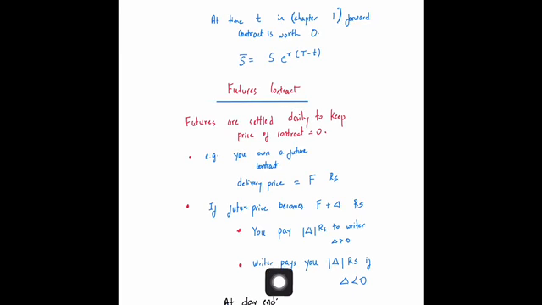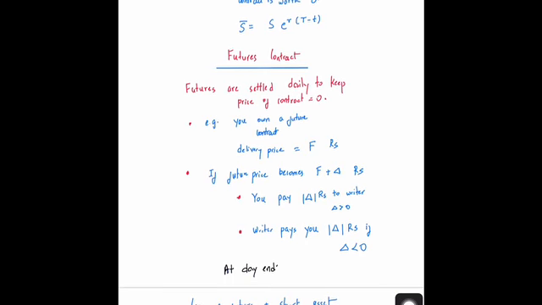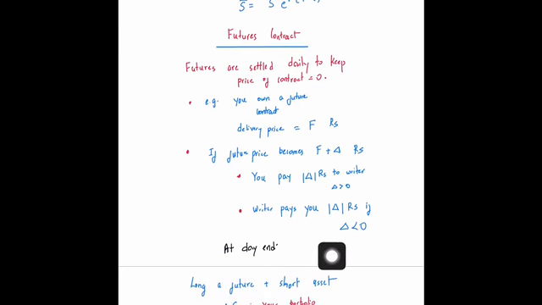Similarly, the writer is paid the absolute value of delta if delta is smaller than 0, so that you are not holding a loss at that particular day just for holding the contract. So futures contracts are settled daily to make sure that neither the writer nor the holder is making losses at the end of the day.